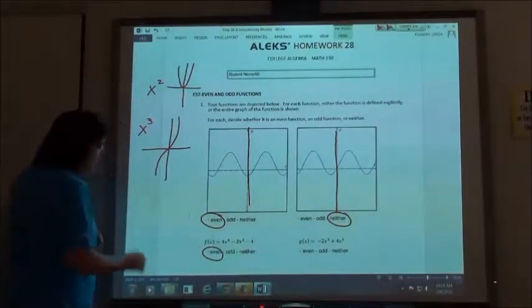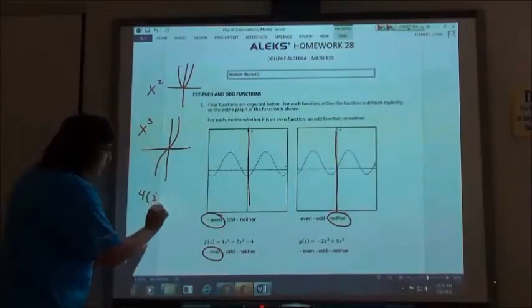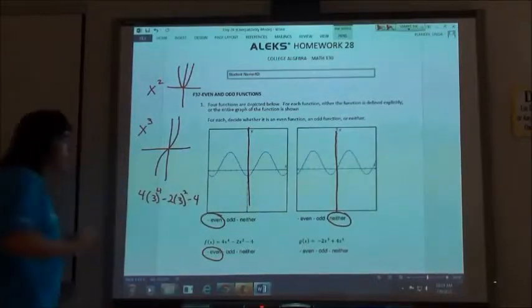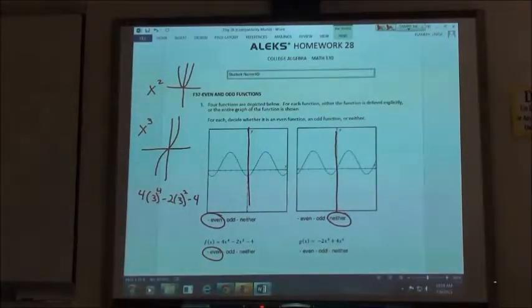So just for fun, if I check this one, 4 times 3 to the 4th minus 2 times 3 squared minus 4. If you grab your calculator and punch that in, what do you get for that number?